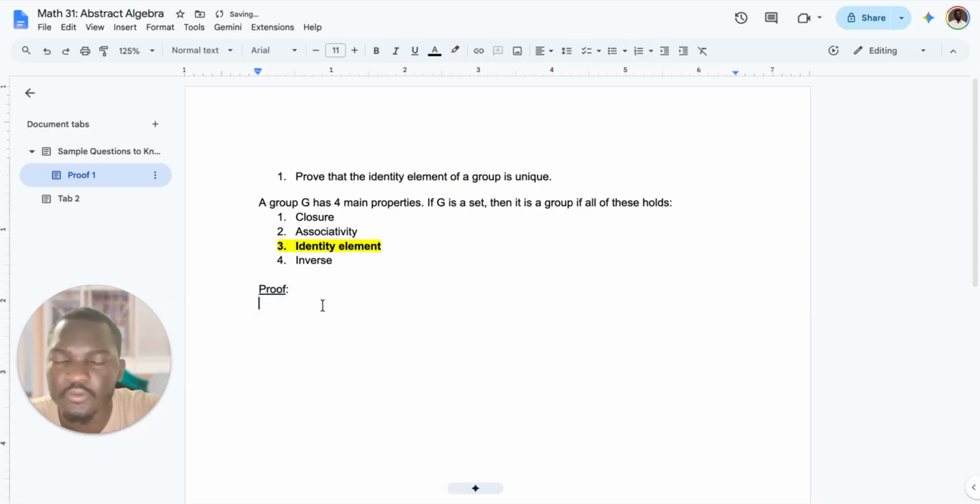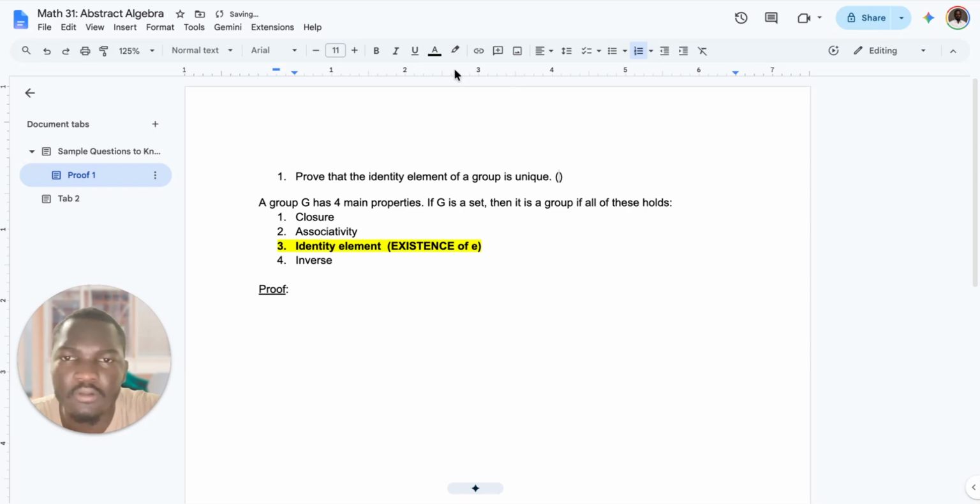We know that by definition, a group has an identity element. That's existence, right? Existence of E. But now this problem is asking us for something else.